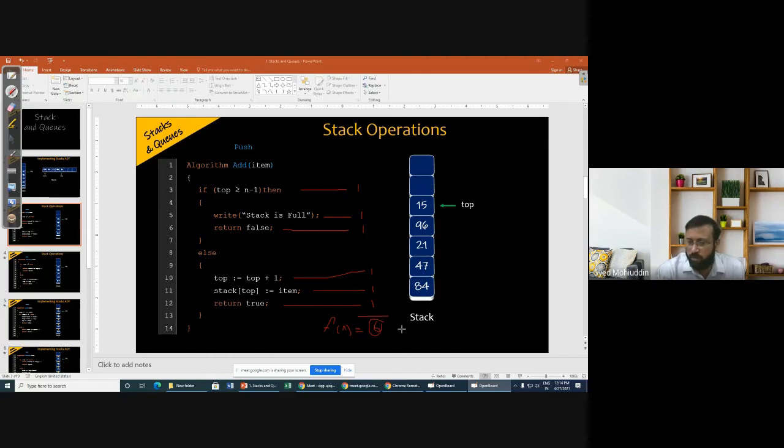So we can say that this algorithm of inserting elements in the stack is taking O of 1. That is, this algorithm takes constant time, O of 1.